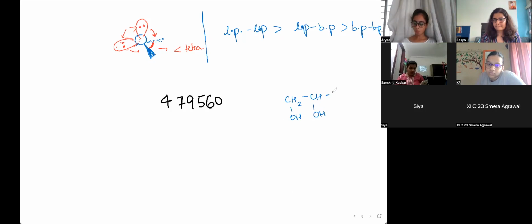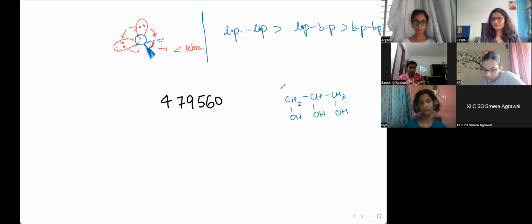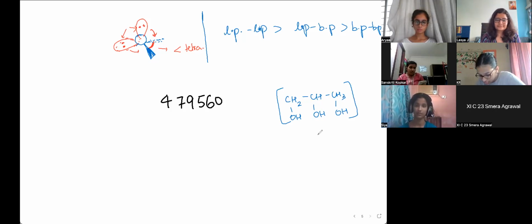So look at it and figure out how one is secondary and two are primary. Yes, exactly. Look, this is the structure. One OH is attached to a secondary carbon, two are attached to primary carbons. It should be CH2, right? This should be CH. What sort of OH is this? How many carbon atoms is this attached to?